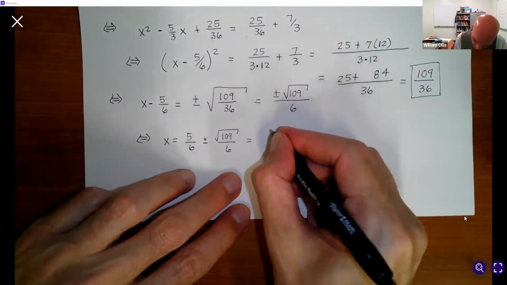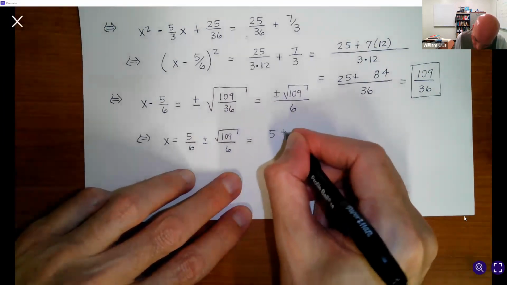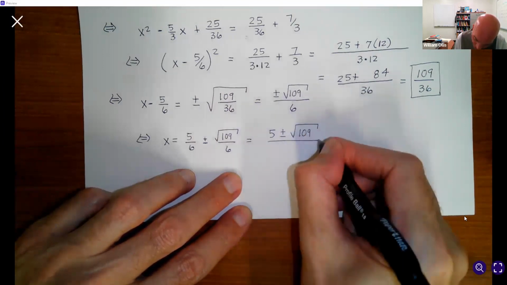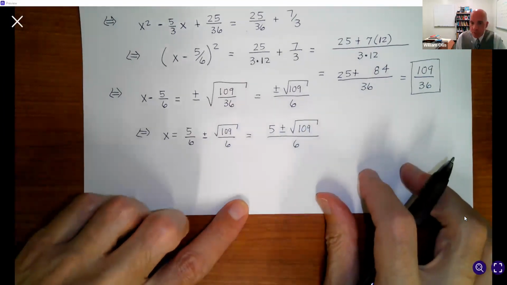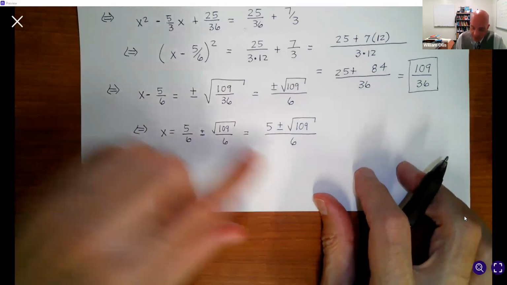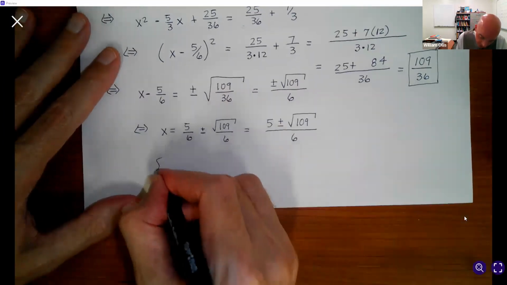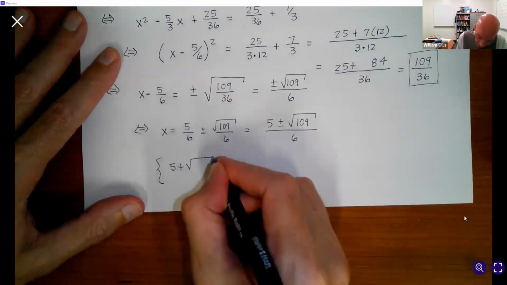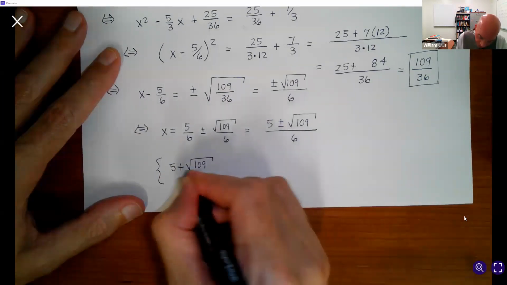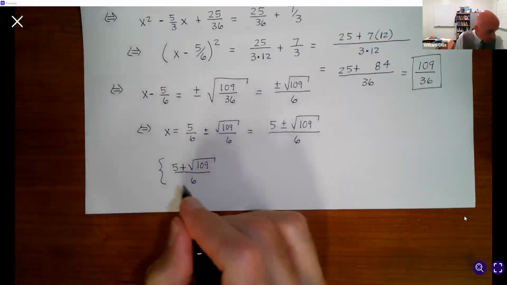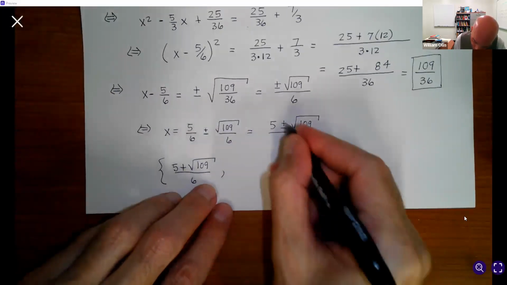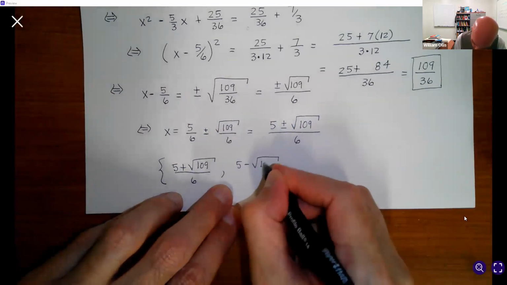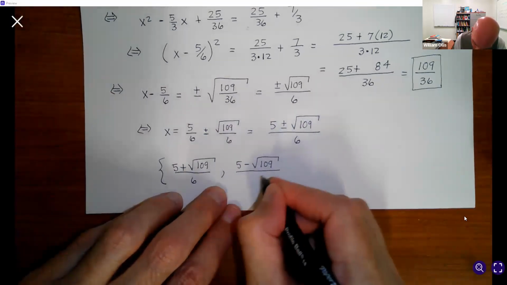That really doesn't amount to much. 5 plus or minus the square root of 109 divided by 6. But now, of course, if your computer algebra system doesn't have a plus minus, this will give us 5 plus the square root of 109 divided by 6 as one solution, and then the negative radical, 5 minus the square root of 109 divided by 6.